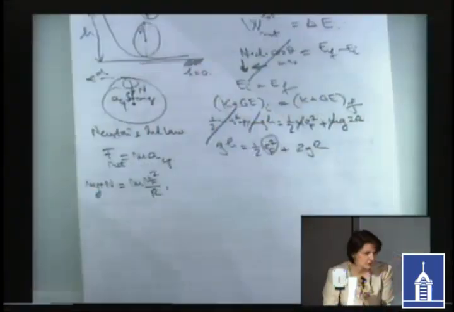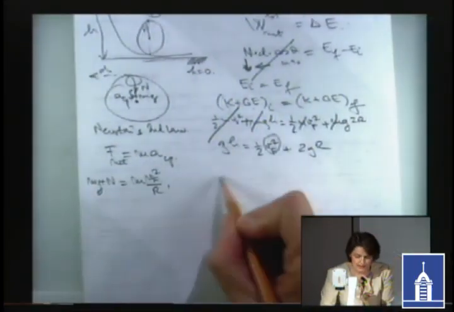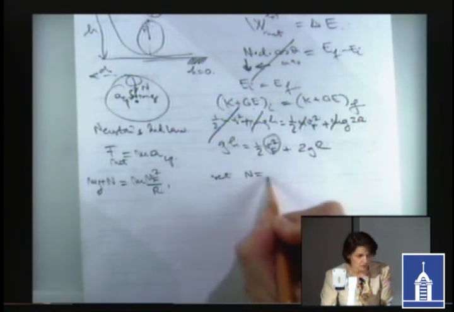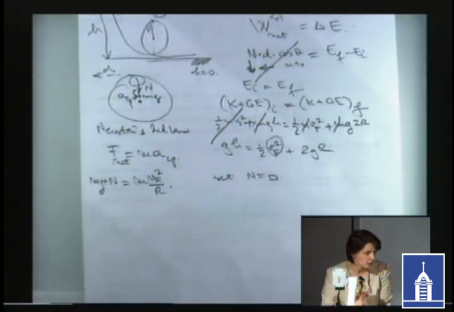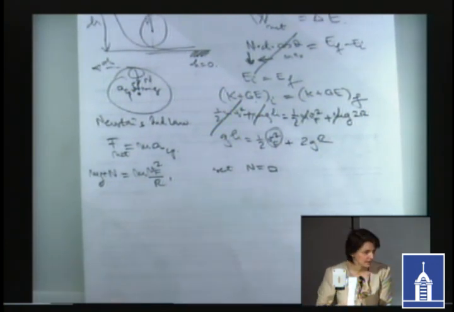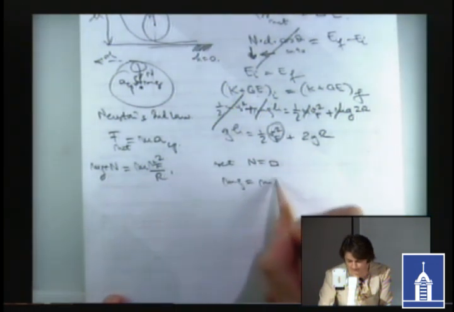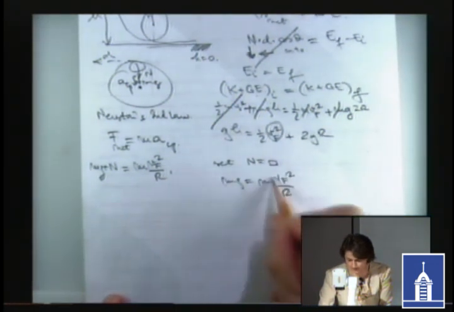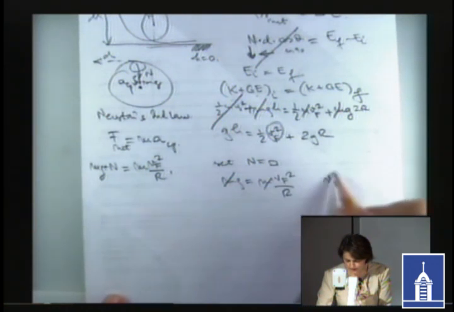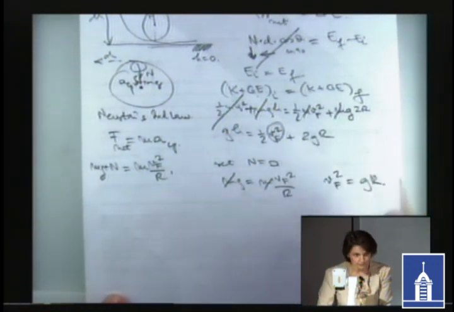Okay, for making it easier, can I set n be 0? And because you said minimum, I will make sure that I will fix it in the end, right? So then I have mg equals mv final squared over r. M with m, v final squared is gr, right?